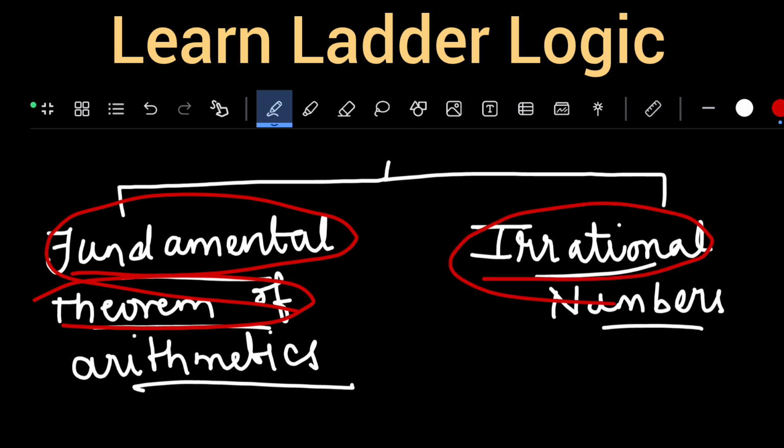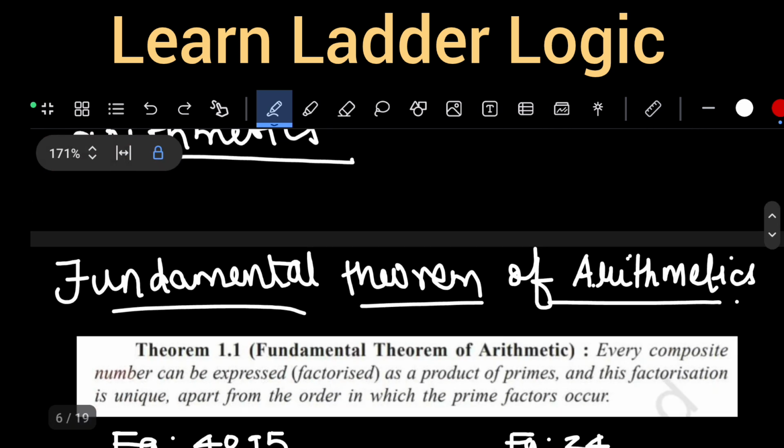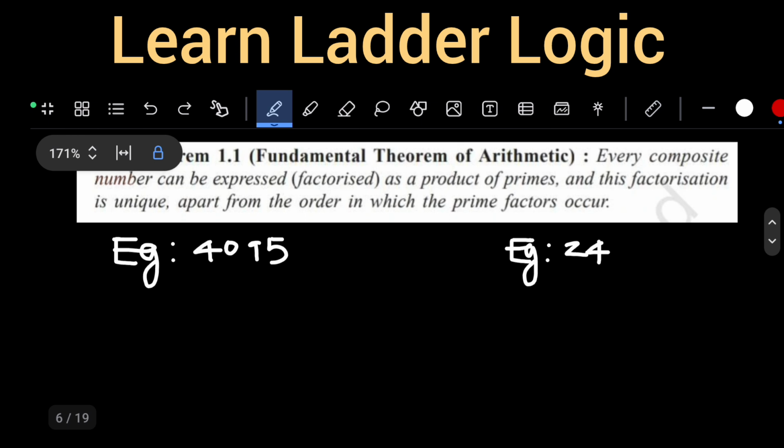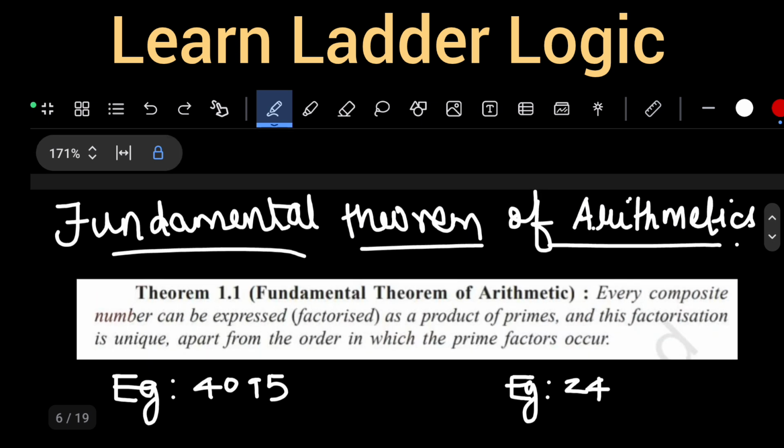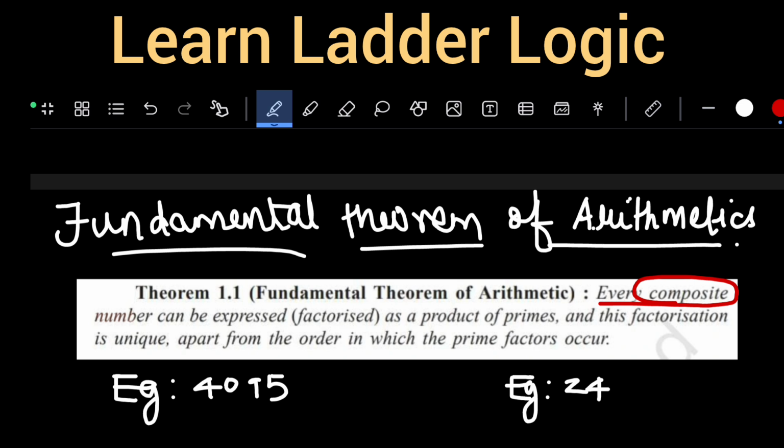Okay, so now let us understand what the fundamental theorem of arithmetic is. The fundamental theorem of arithmetic states that every composite number is expressed in the form of the products of prime numbers.